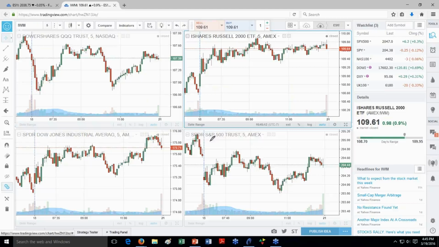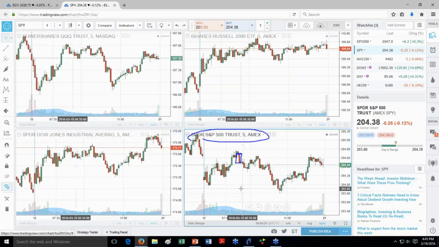So for instance, if I'm looking at the spiders and I'm looking for some reversals, so for instance, a reversal right here to the downside, that happens at 8:25. So where are we at 8:25 on everything else?